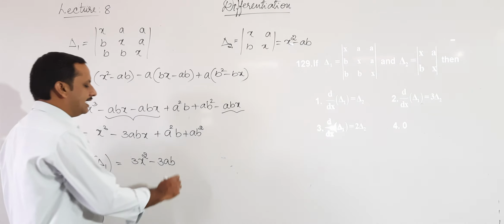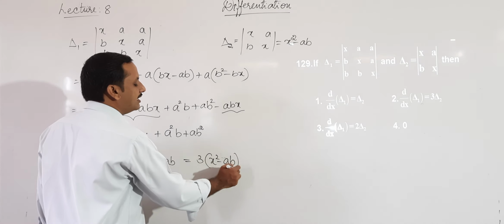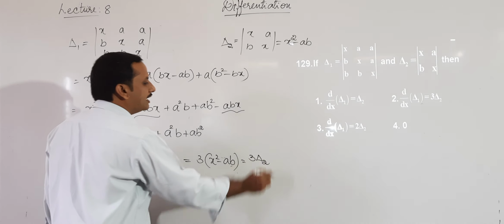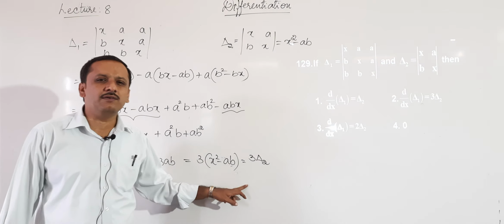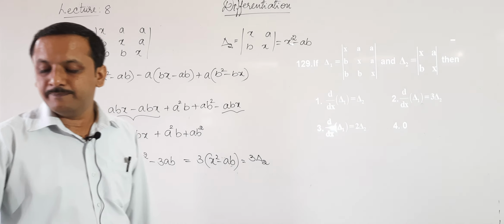Here I will take 3 as common. So 3 into x square minus ab. X square minus ab, I will replace it with delta 2. So we get 3 delta 2. D by dx of delta 1 is equal to 3 delta 2, which is the second option.